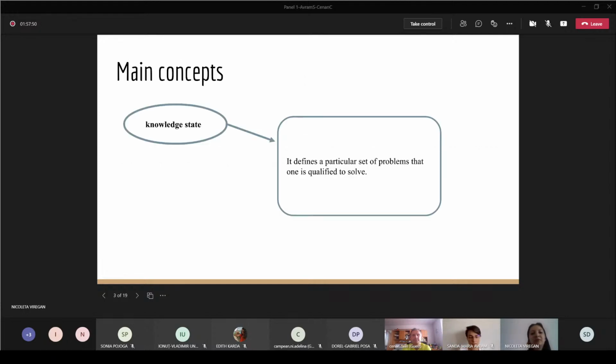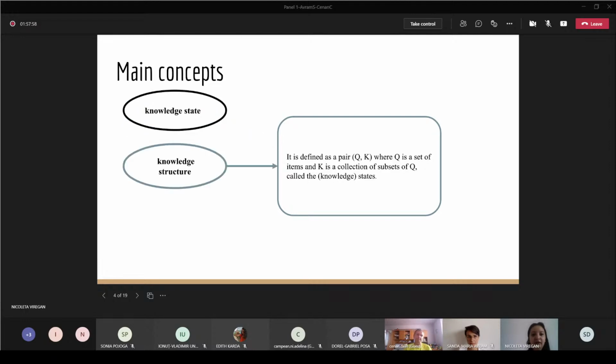The knowledge state is the main concept of this theory, and it defines a particular set of problems that a person is able to solve. Therefore, a knowledge structure is a distinguished collection of knowledge states, which is a combination of items that one individual can belong to.